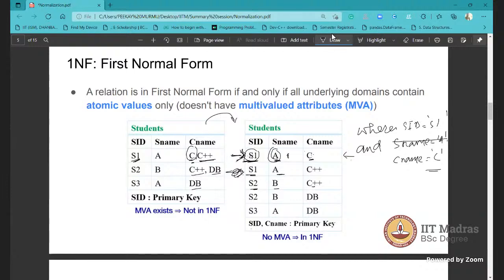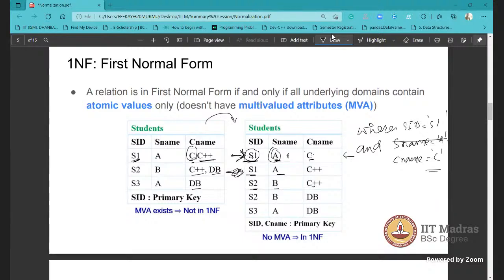Yes, Pradeep, please go ahead. In this particular student table, you can see there is a multi-value dependency, and the SID is the primary key, right? After simplification, we get the SID and the CNAME. To simplify, for every multi-valued CNAME, we keep it in new rows, here you can see C and C++ in this way.